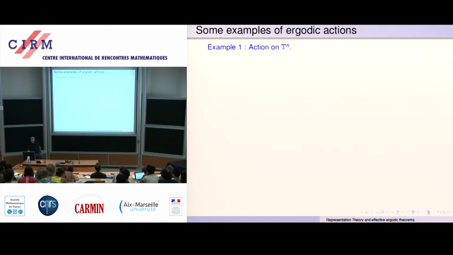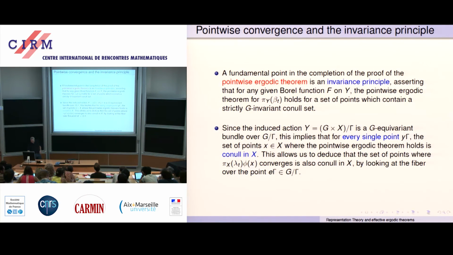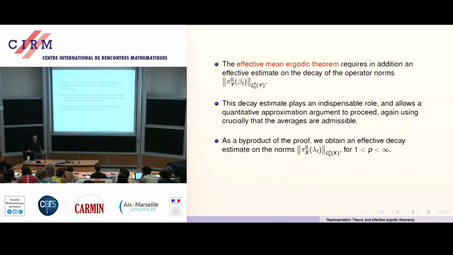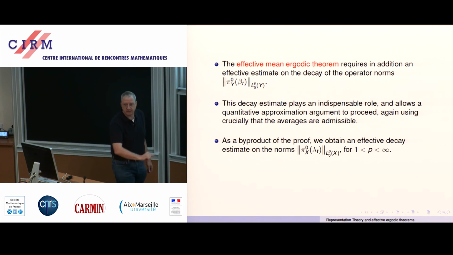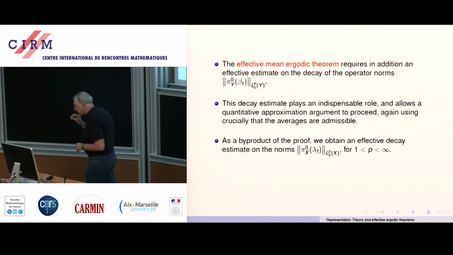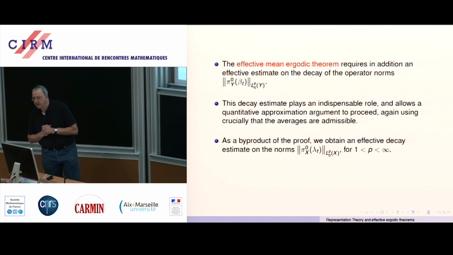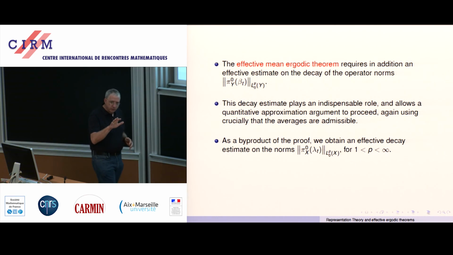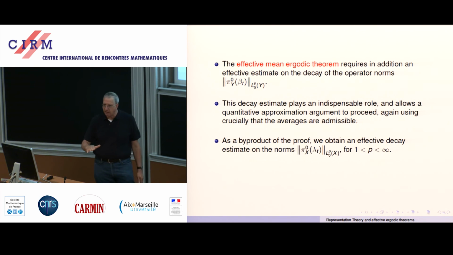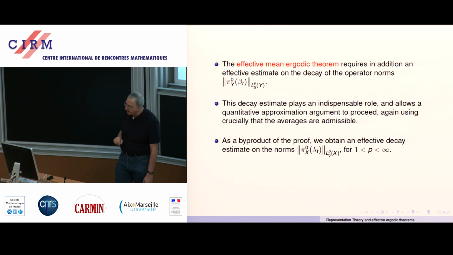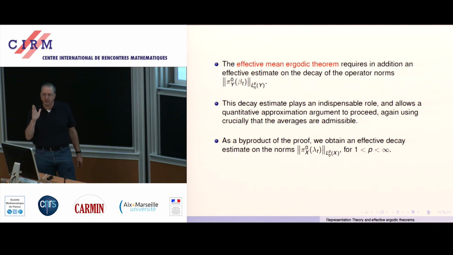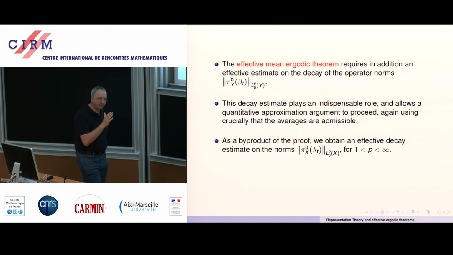Maybe I'll skip pointwise convergence. Some of you may be worried that I have to go back to proving something about a general function on X. But of course, the induced space is a fiber bundle over G mod gamma with fibers isomorphic to X. So I'm going to have to be able to identify such a fiber and look at functions on that fiber.